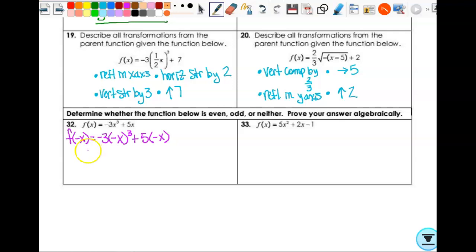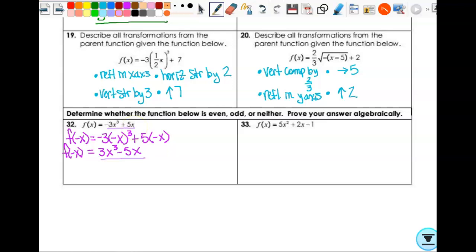So negative x cubed is negative x cubed, times negative 3 is going to be 3x cubed, minus 5x. So this is f of negative x. So at this point, I ask myself, does this look identical to this? And the answer is no.